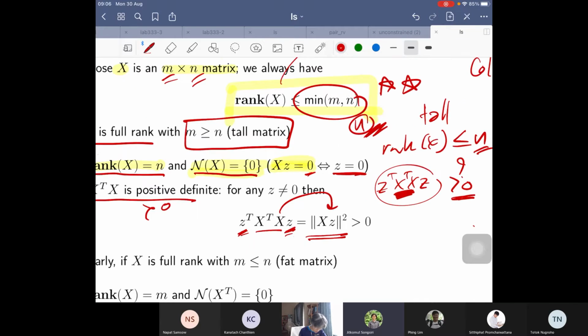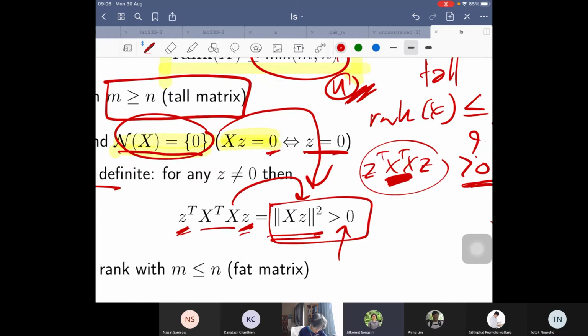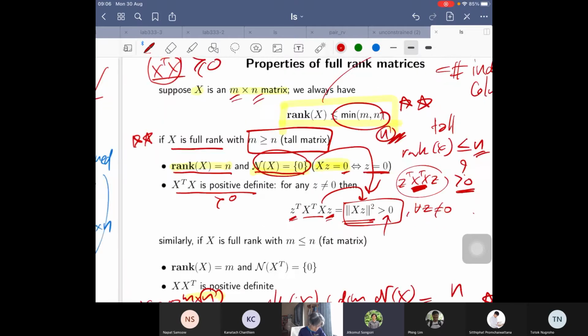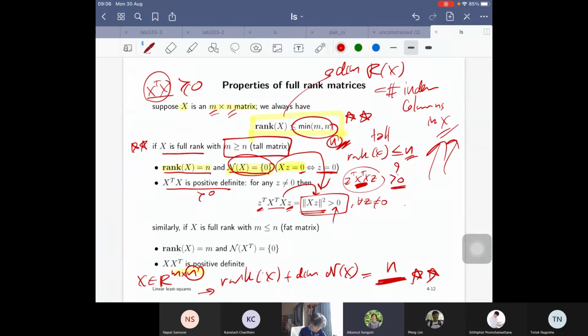Then we can conclude from the previous result that because the null space of X is the 0 space, this quantity must be positive for all non-zero Z. So that is the conclusion. If X is full rank, the rank of X is n, the null space is the 0 space, and the quadratic form using X transpose X is always positive for non-zero Z. Then what happened?